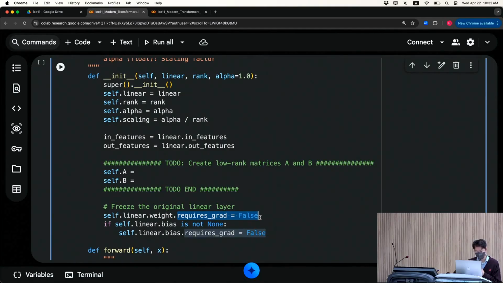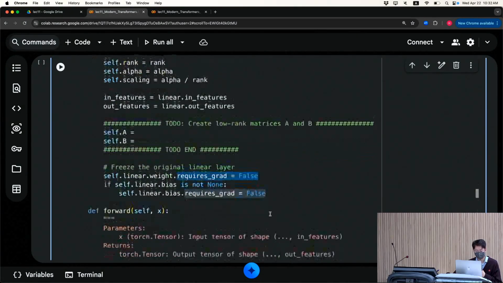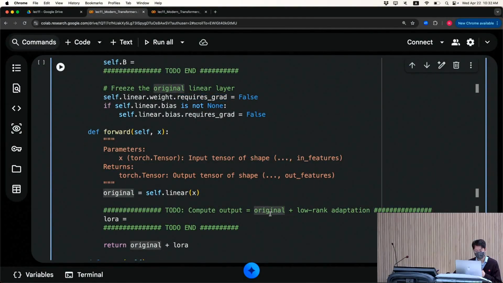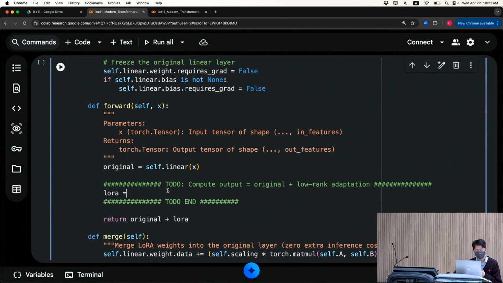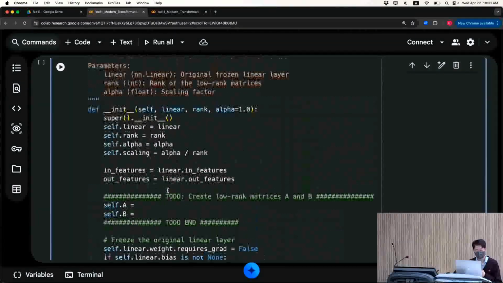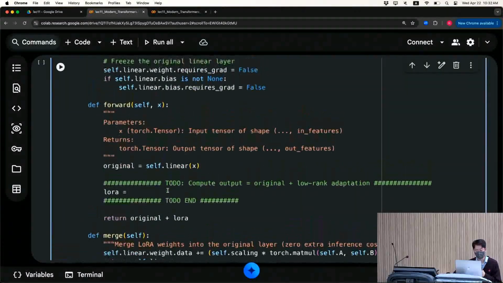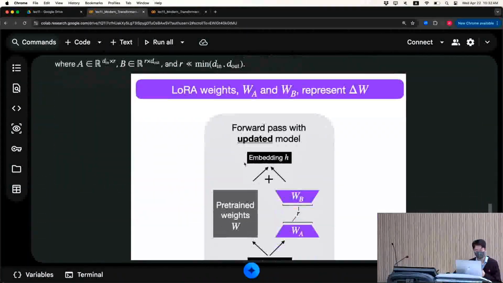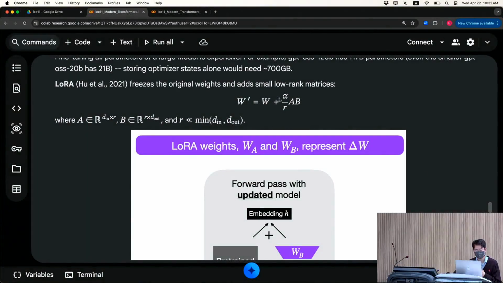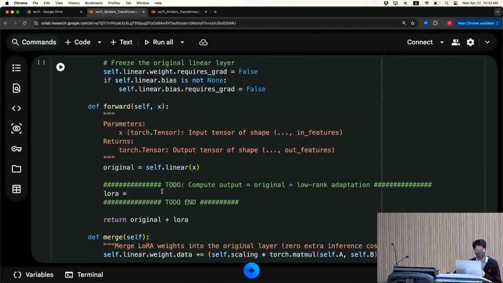You can tell PyTorch not to backpropagate through this matrix. Same thing for the bias. And like I said, during the forward pass, we're going to do a forward pass with W prime, which is the original weight plus some scalar times matrices A and B. That's what you need to implement here.